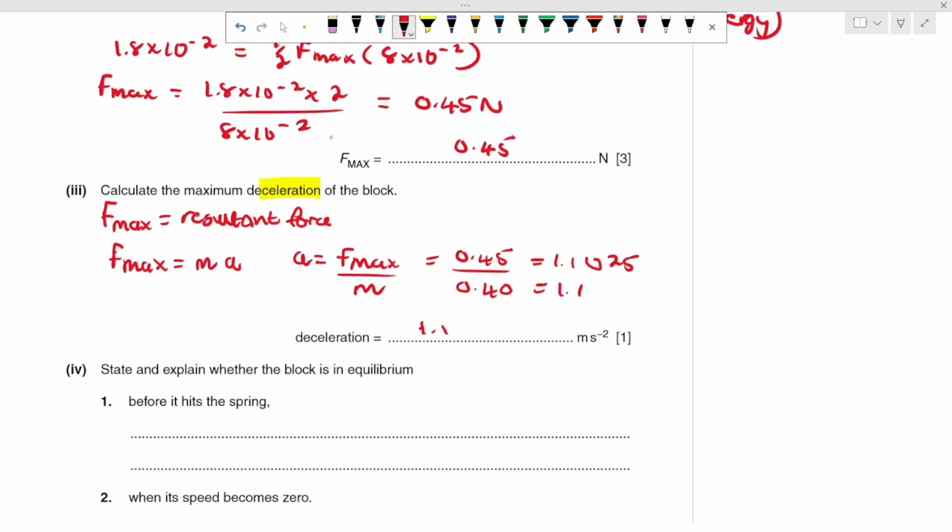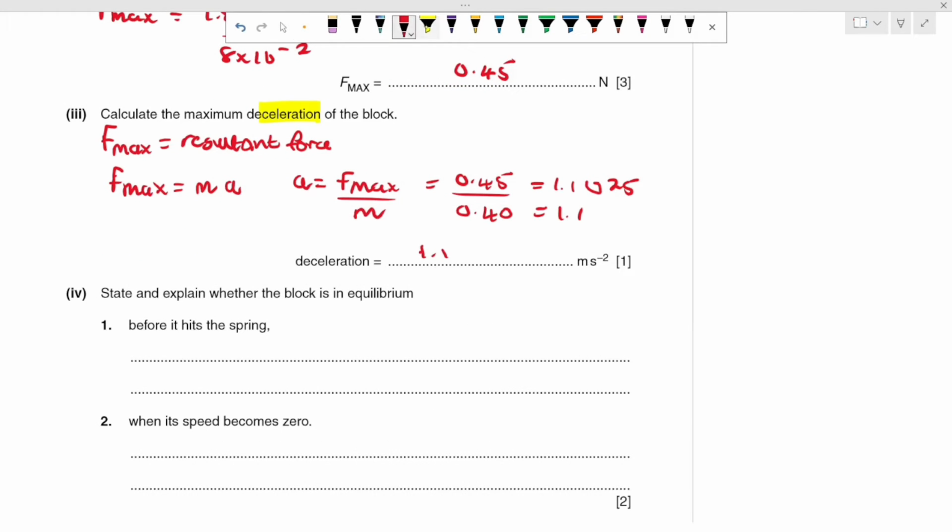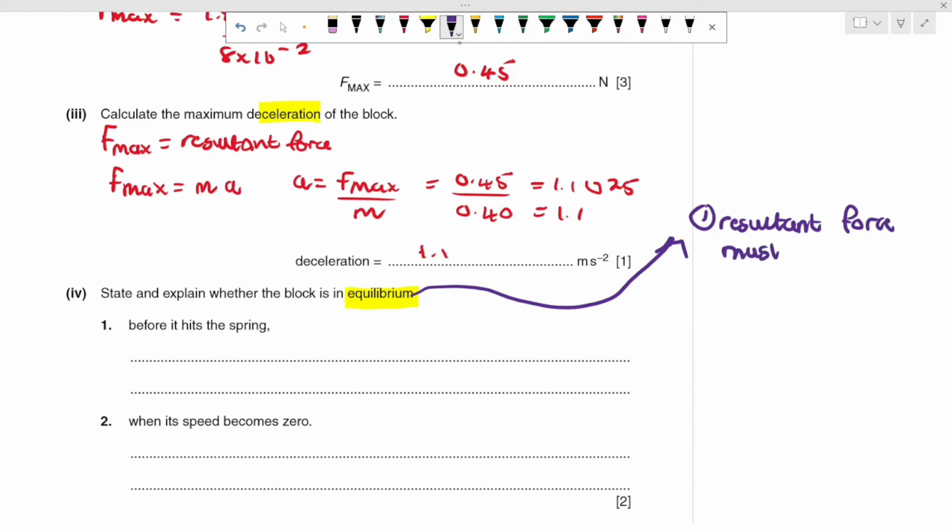State and explain whether the block is in equilibrium. Wait, what does the word equilibrium mean? There are two cases that you need to learn in AS level physics. And once you've understood this, you're a guru in equilibrium situations. Number one, for a system to be in equilibrium, the resultant force must be 0.